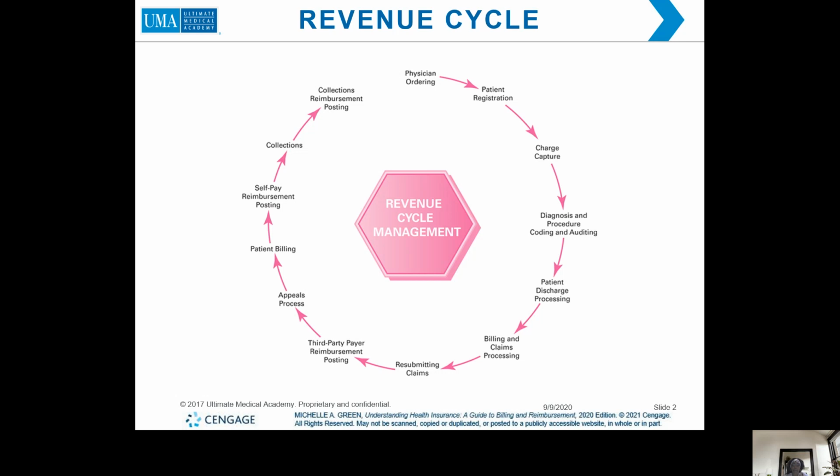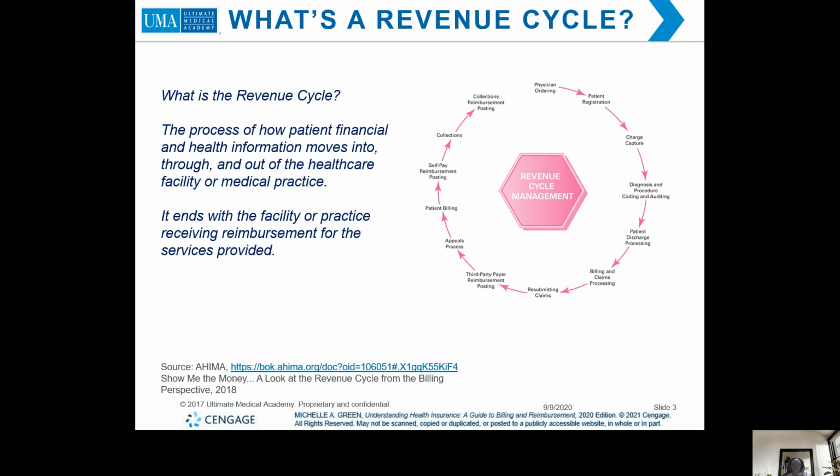So it has to be managed. So what does that mean? A revenue cycle is the process of how a facility takes patient financial and health information, and it goes in and out of the healthcare facility and the medical practice.